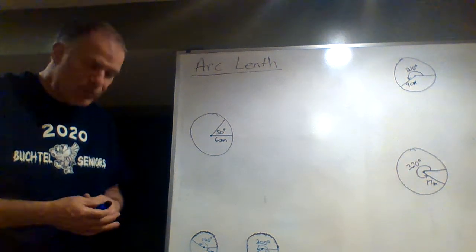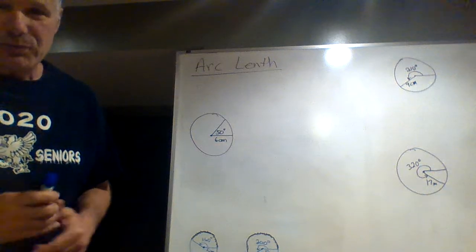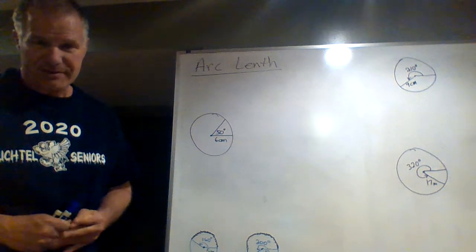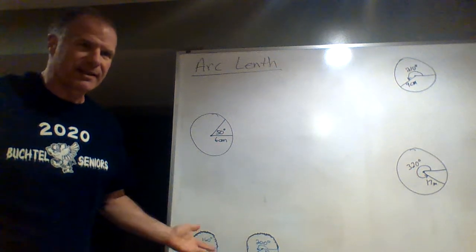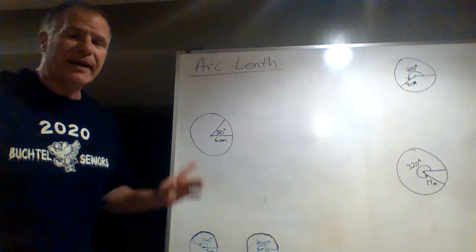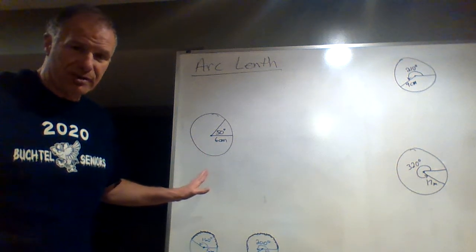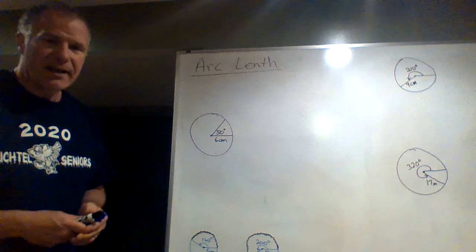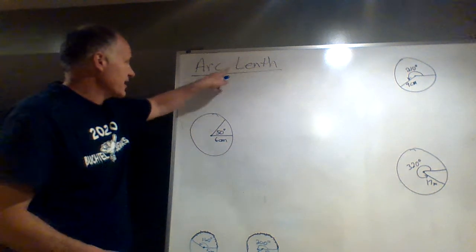Okay, now guys, we're kind of moving on from what we were doing last week, which was turning degrees into radians. What's the purpose of that? Actually, the application of degrees to radians has something to do with arc length.